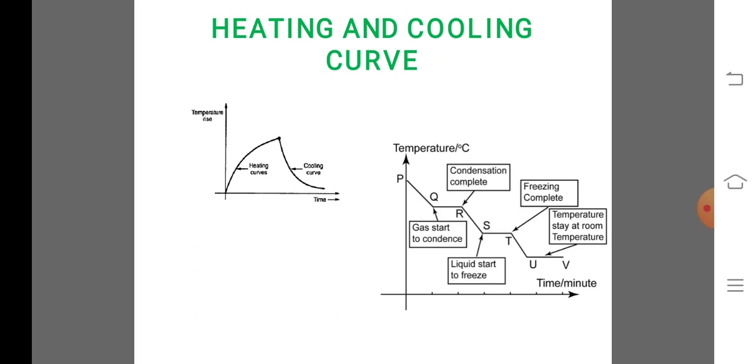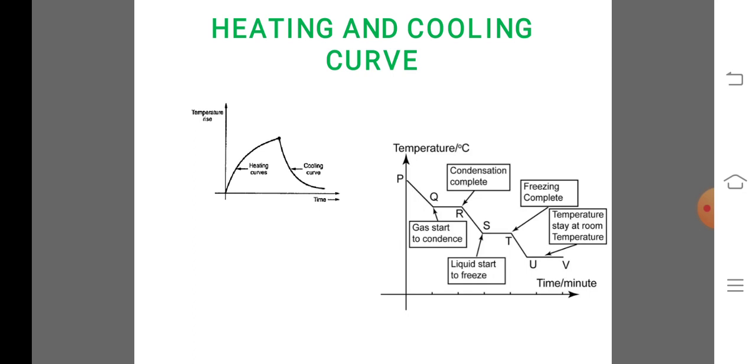It has the maximum heating curve, that is, the maximum temperature rise during the electrical drive operation, and that temperature is reduced by the cooling method applied across that operation, represented by the letters P, Q, R, S, T, U, V. At Q, the gas starts to condense and cools a little bit, then across point R the gas condensation is complete.